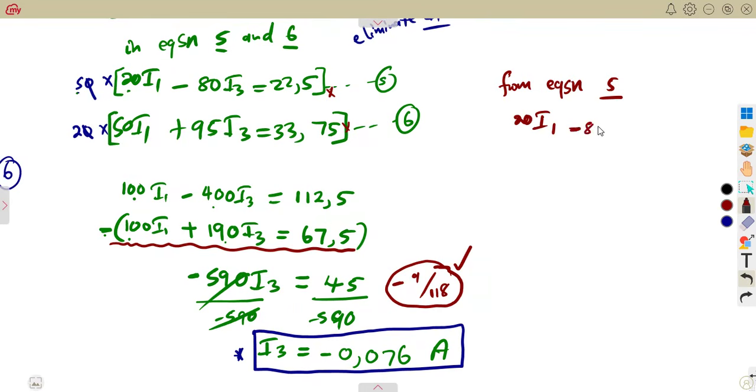Sorry, that's minus 80 I3. We have calculated I3, so from equation 5 we can substitute. You can even substitute in equation 6, it's your choice. So that's 20 I1 minus 80 times I3, which is the one that we got here.